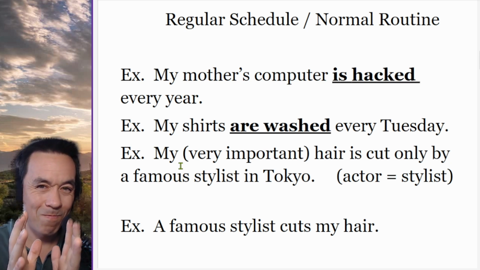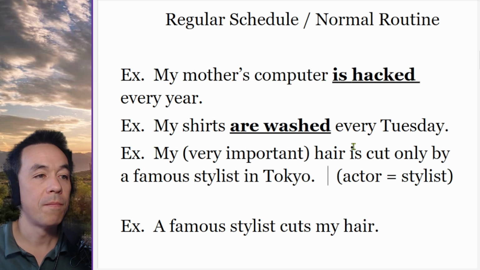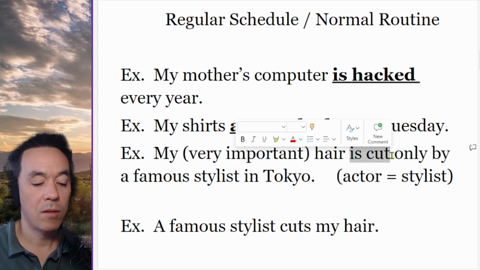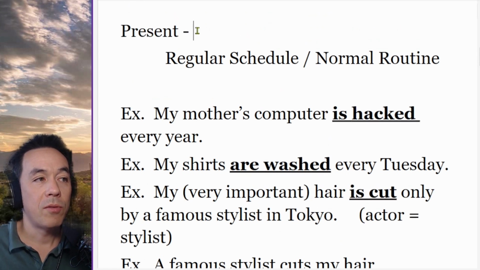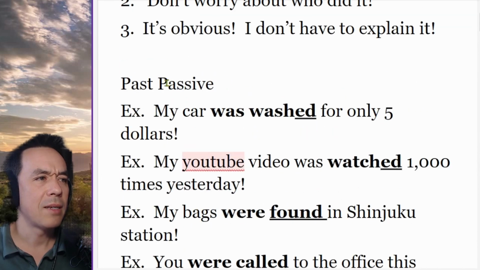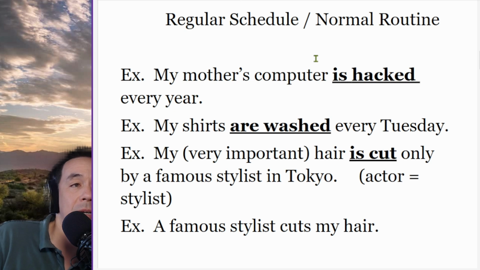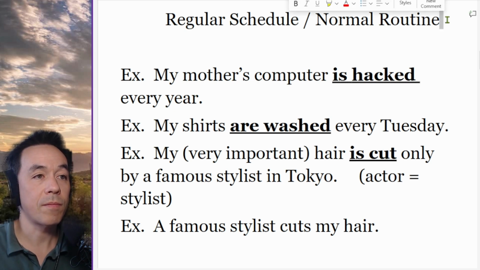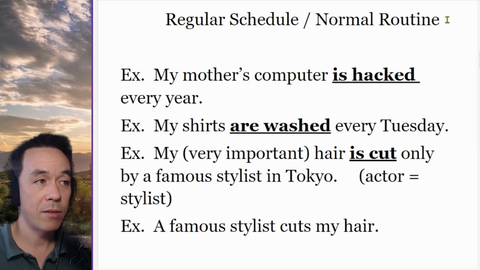That's the picture I want to communicate to you. Okay, so is cut. Okay, so yeah, that is it. This would be present passive, maybe? I don't even know. This is past passive. So yep, there are versions where something is normal, and it could be for those three reasons.